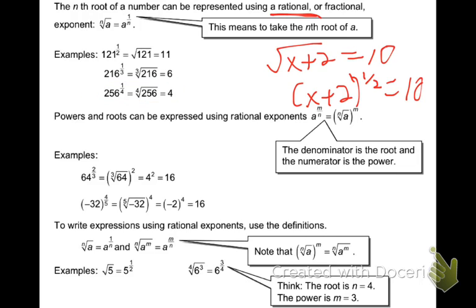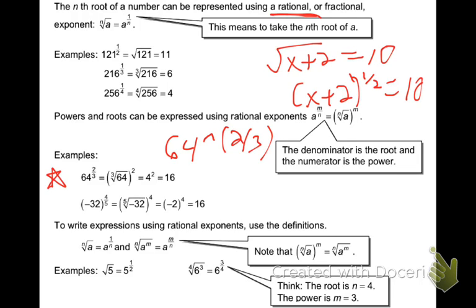Okay, so what we're going to get into now are a little bit tougher rational exponents, like 64 to the 2/3 power. Now, when you have a lot more difficult problems, you can type this on your calculator. It depends on your calculator, caret or whatever you have, 64 to the 2/3 power, and you would get a correct answer.